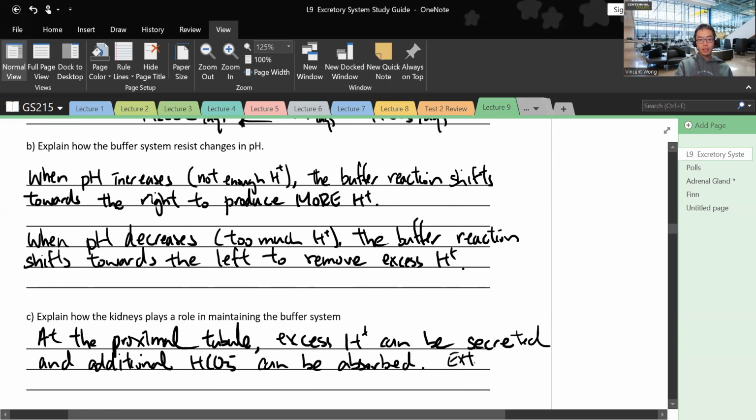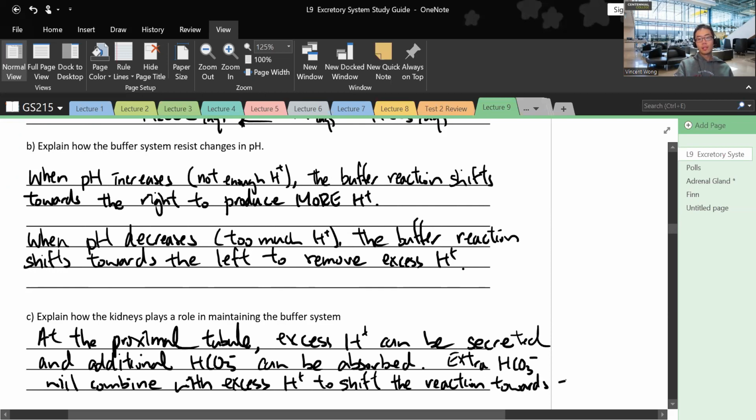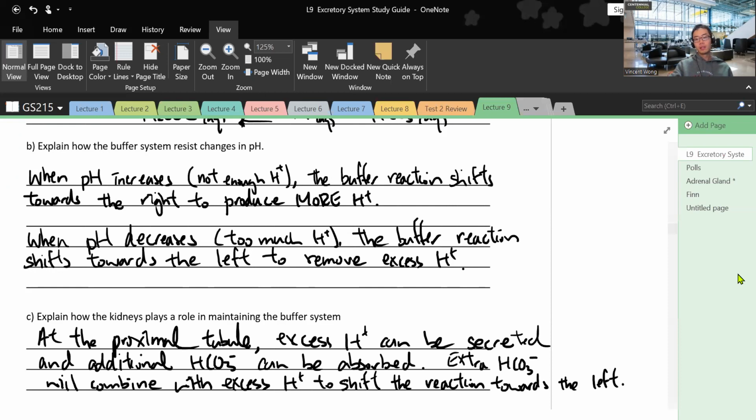So extra HCO3 will combine with excess H plus to shift the reaction towards the left. Okay, by shifting it to the left, we will help decrease the excess H plus.